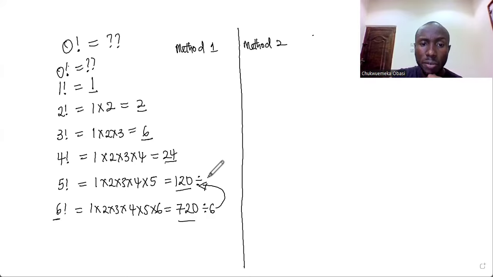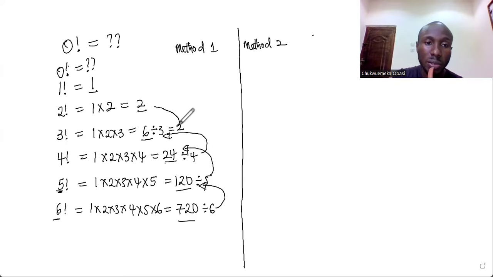Then 120 divided by 5 will give us 24, and that's the result of 4 factorial. Now, 24 divided by 4 will give us 6, and that's the result of 3 factorial. 6 divided by 3 will give us 2, and that's the result of 2 factorial.